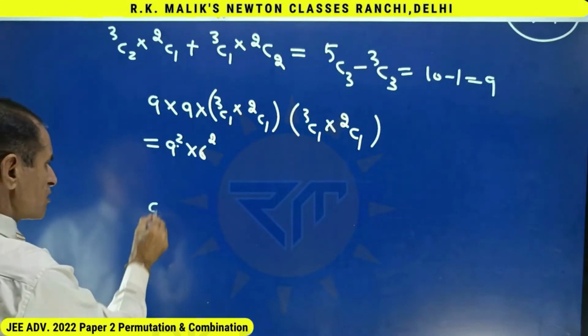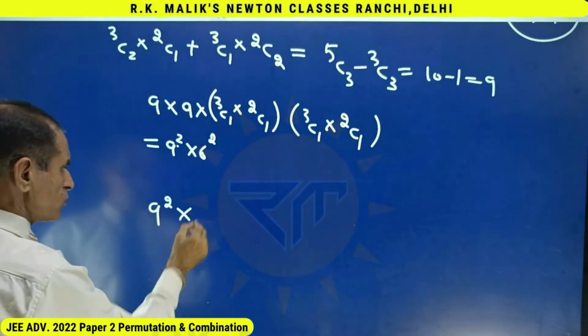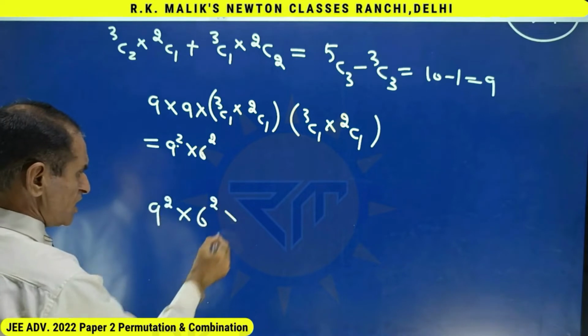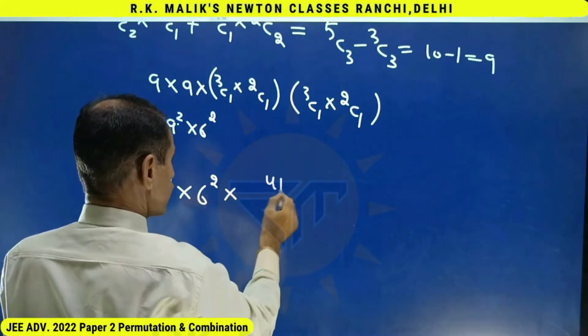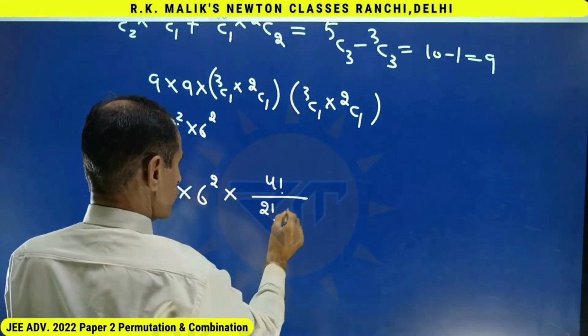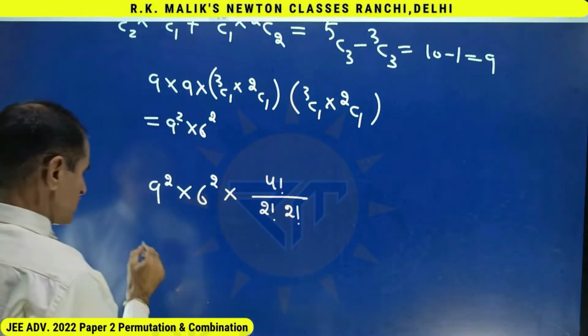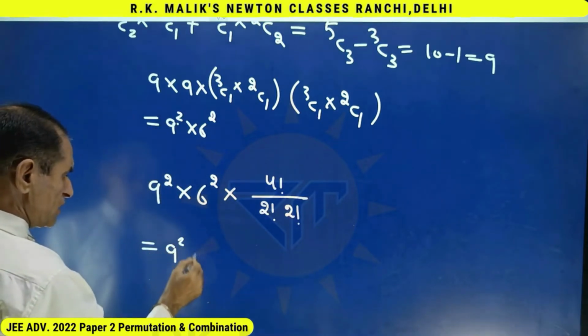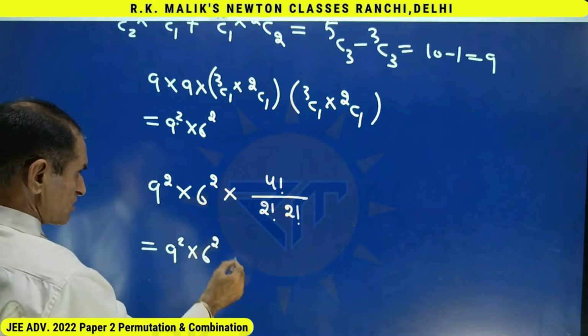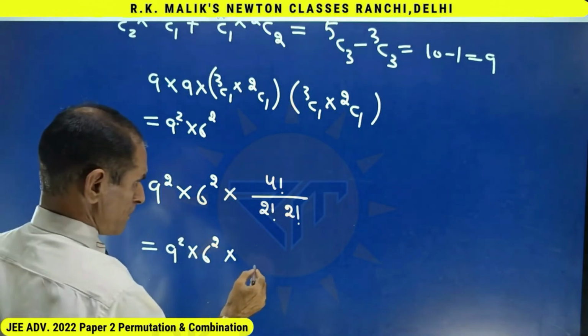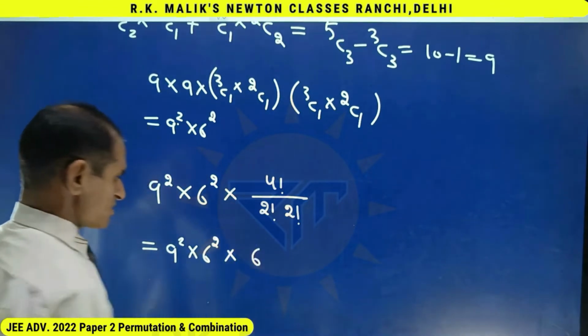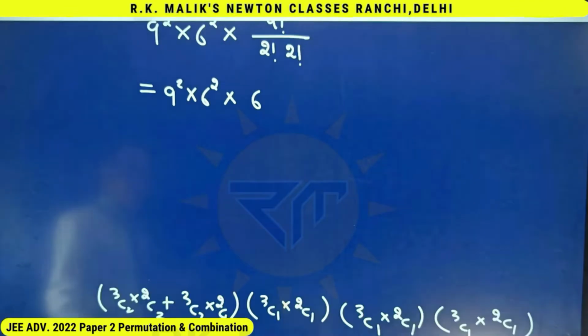That is, I will get 9 square into 6 square into 4 factorial by 2 factorial, that is 9 square into 6 square into 6 number of ways.